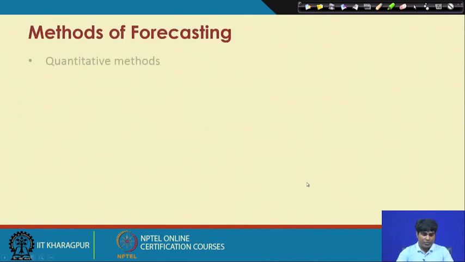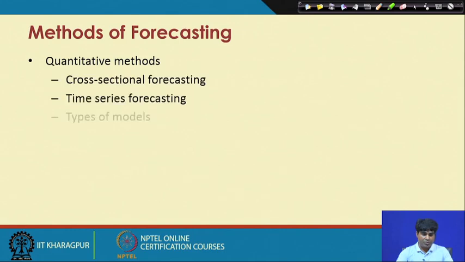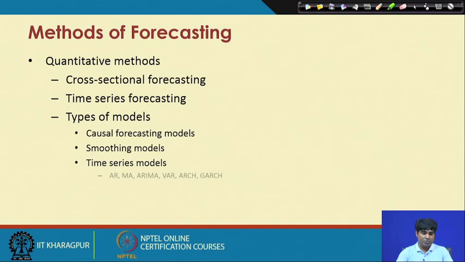And now let us go with the methods of forecasting. What we have already discussed is the qualitative structure, but these methods are specifically under the quantitative structure. In the case of qualitative structure, there are no strong mechanisms or strong techniques through which you will do the forecasting.